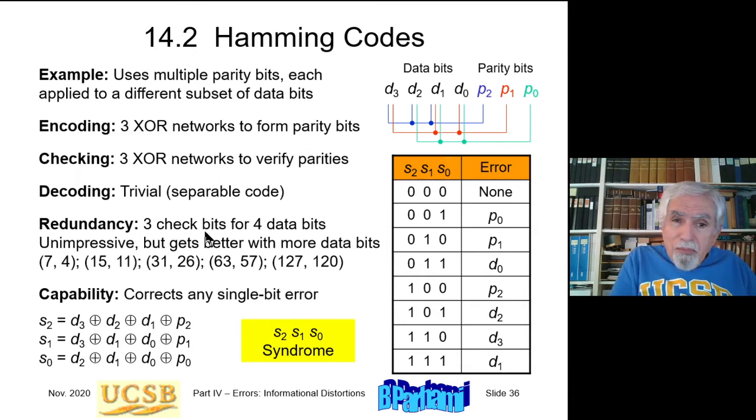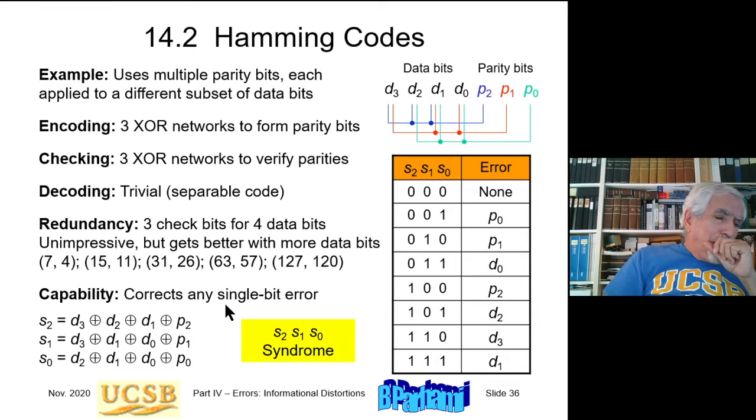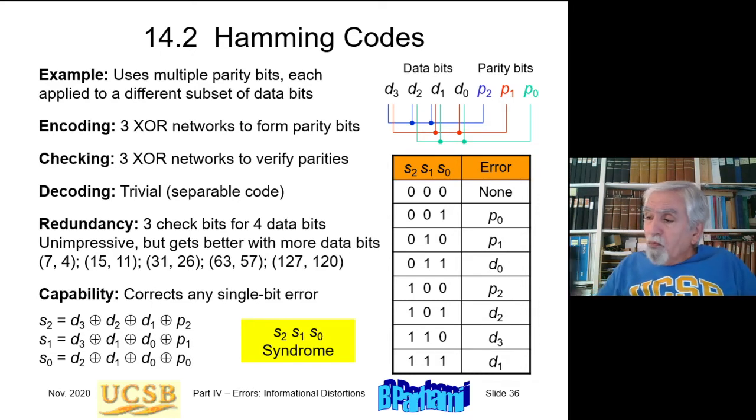Redundancy for this example is 3 check bits for 4 data bits, so it is 75% redundancy. 3 for 4, 75. So it's quite high. However, as the number of data bits increases, the redundancy factor gets better.